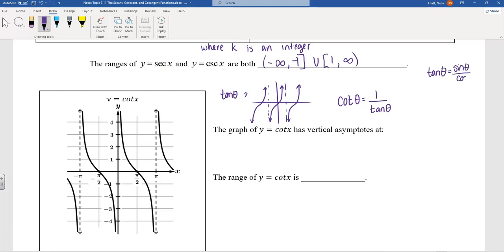over cosine. So, if cotangent equals 1 over tangent, tangent could be replaced with sine over cosine, correct? Those are equal to each other. So, that would be 1 over sine theta over cosine theta. And dividing fractions is easy as pie. Flip the second and multiply.